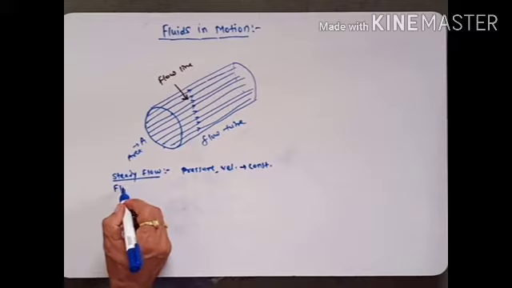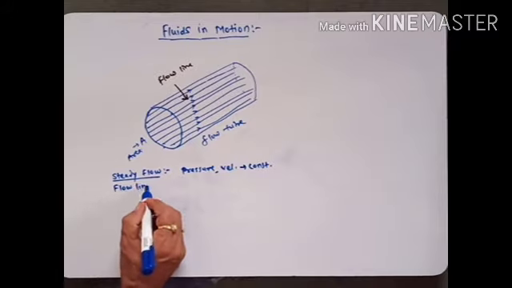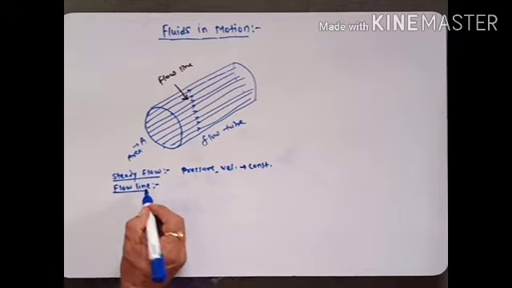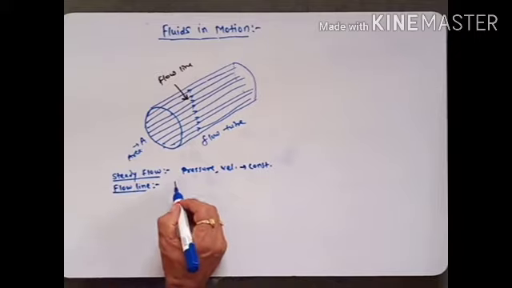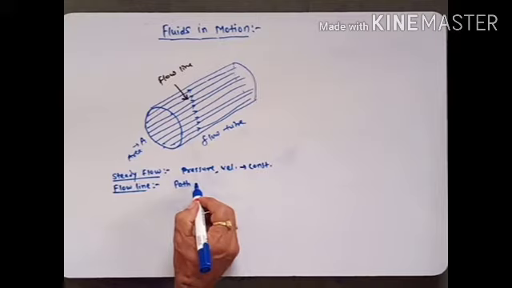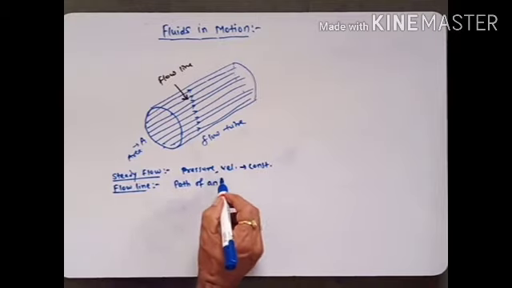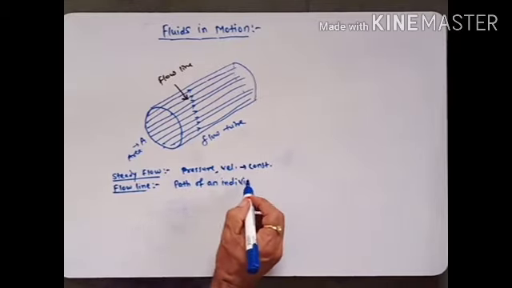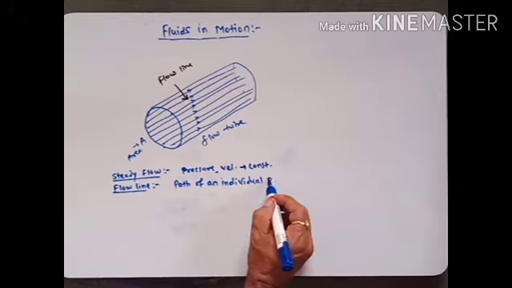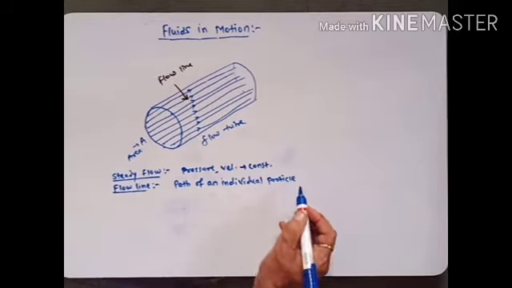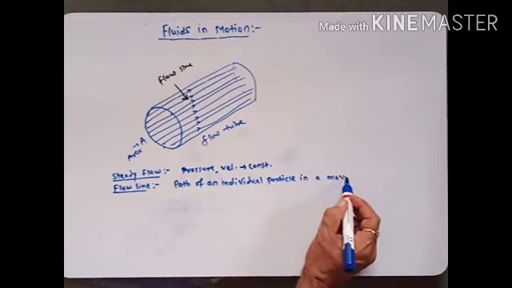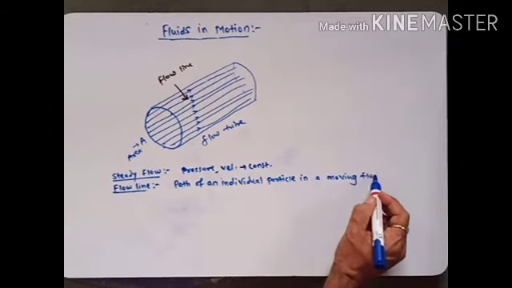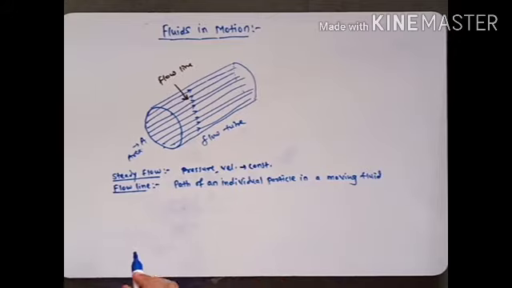Now next one, flow line. It is the path of an individual particle in a moving fluid. This is the flow line.